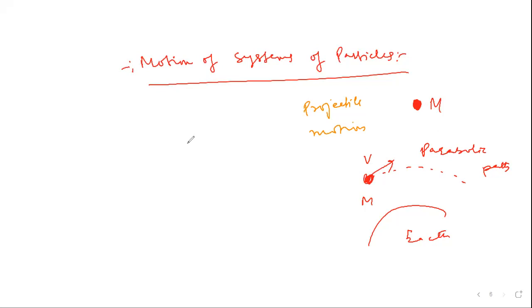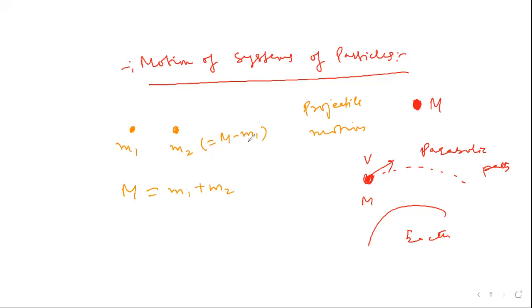Now, if I separate this mass into two masses, for example, I have one mass m1, second mass is m2, which is equal to m minus m1. That in other words means capital M is equal to m1 plus m2. That means I separate this big mass into two particles m1 and m2, right?